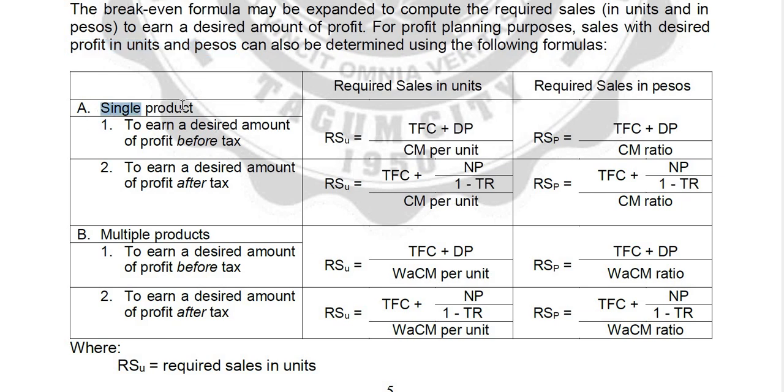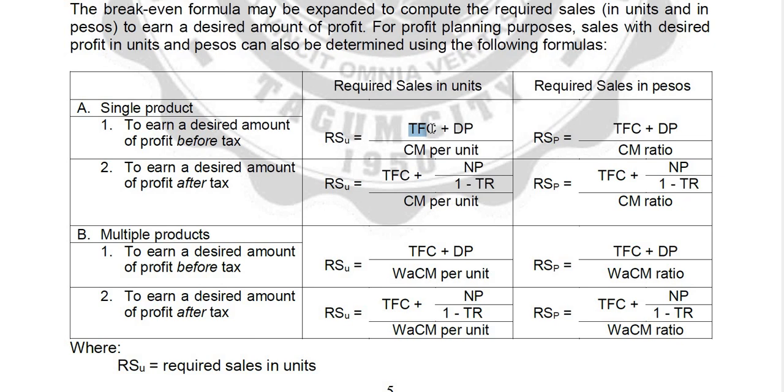So for example, for a single product, if you want to earn a certain amount of profit before tax, this is how you compute the required sales in units. Meaning, if you want this profit before tax, this is the number of units you should sell.